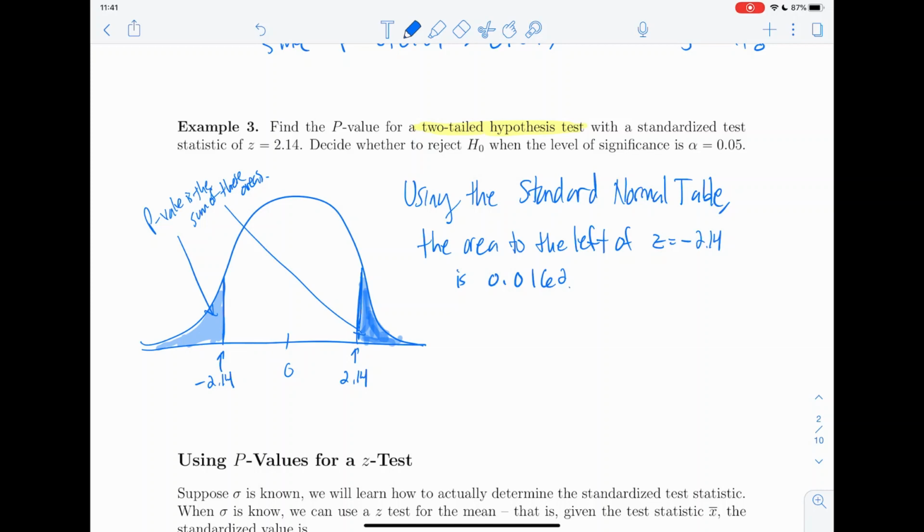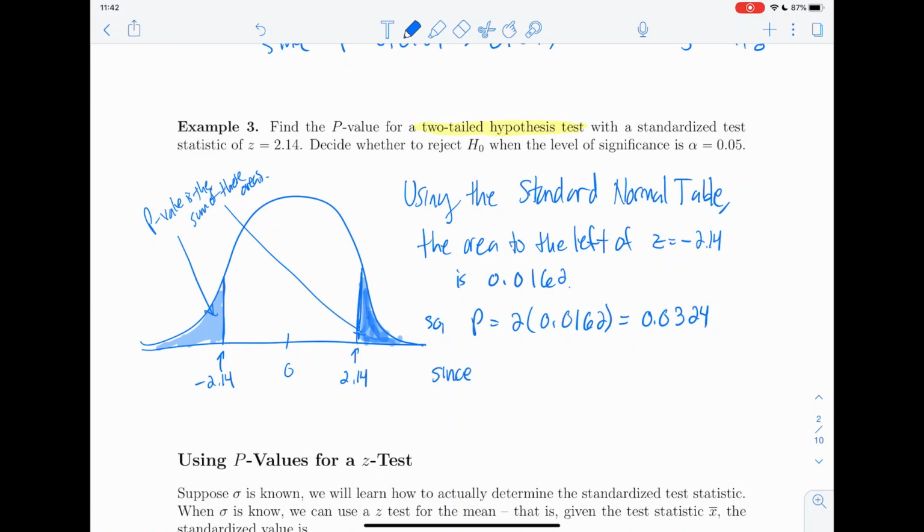You can verify that at home. My p-value is not going to be that value because this is not a left-tailed test. It's a two-tailed test, so it's going to be twice that quantity, 0.0162. If we multiply that by 2, we get 0.0324. That's going to be our p-value.